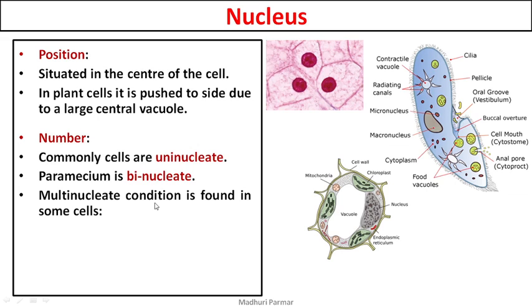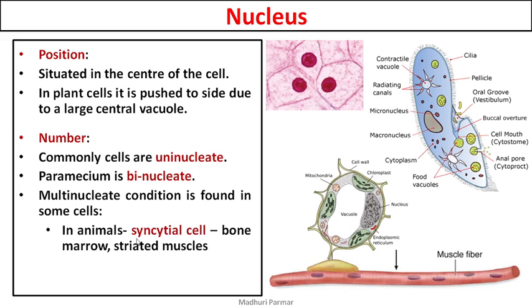Multinucleate condition is found in some cells. In some cells, you find more than two nuclei. This is called a multinucleate cell or multinucleate condition. In the case of animal cells, these are called syncytial cells. For example, the cell of your bone marrow, or striated muscle, skeletal muscle, voluntary muscle, all one and the same.